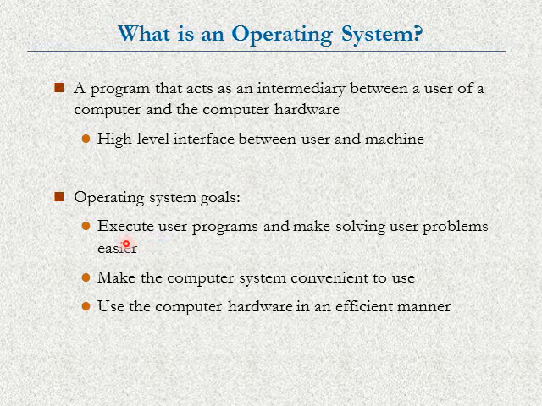The first one is to execute user programs. When we talk about the operating system of computers, the first responsibility of the operating system is to execute user programs and make problem solving easier.